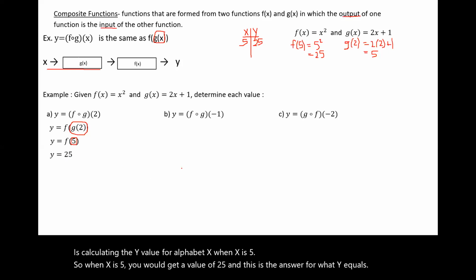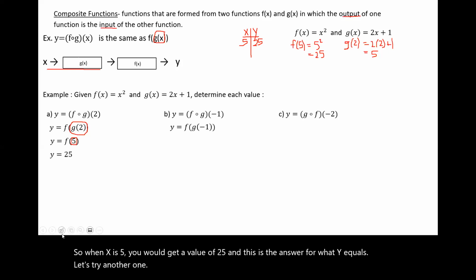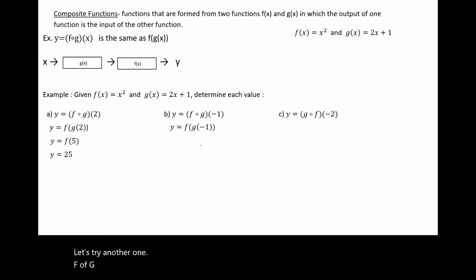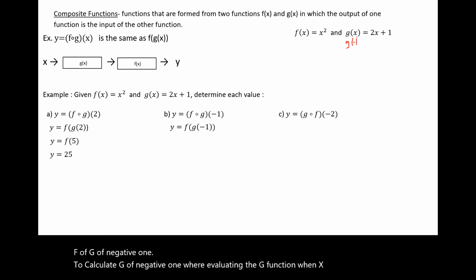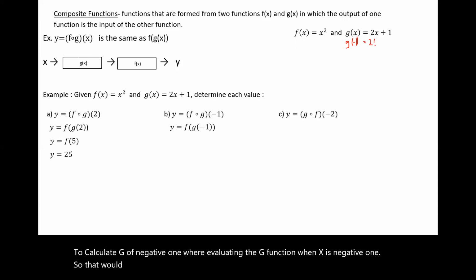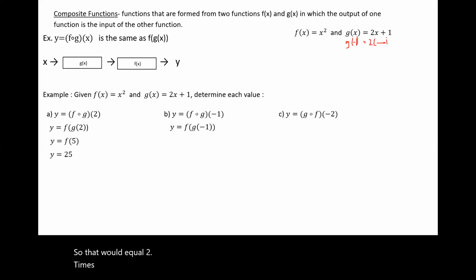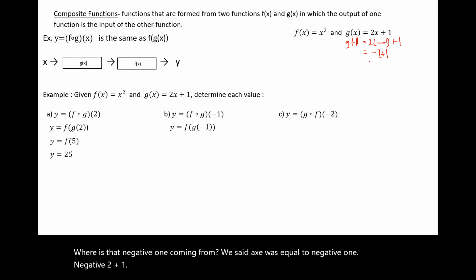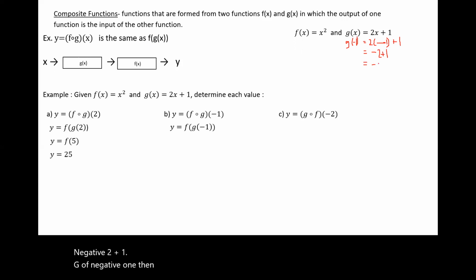Let's try another one. f of g of negative 1. To calculate g of negative 1, we're evaluating the g function when x is negative 1. So that would equal 2 times negative 1 plus 1. Where is that negative 1 coming from? We said x was equal to negative 1. So negative 2 plus 1, g of negative 1 then is equal to negative 1.